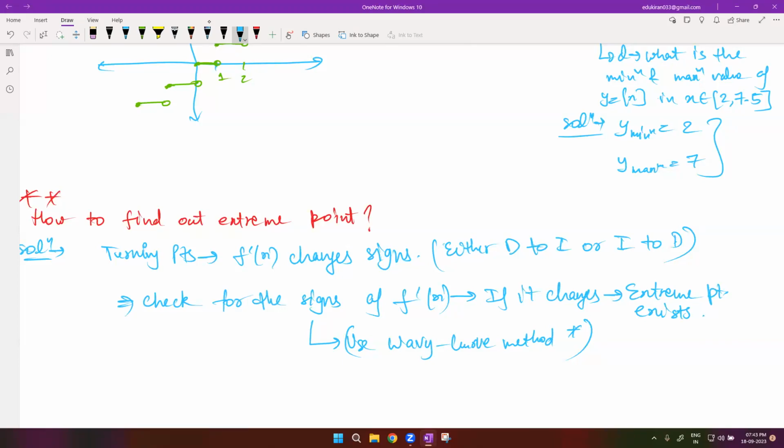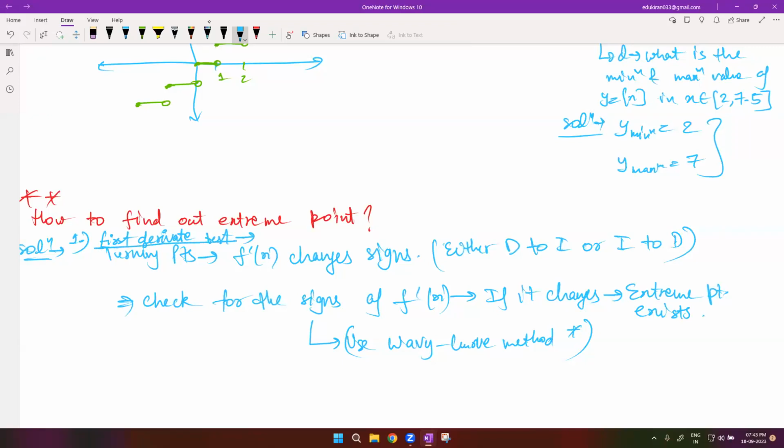And this method, by the way, is known as your first derivative test. We will also understand the second method, which is known as the second derivative test.